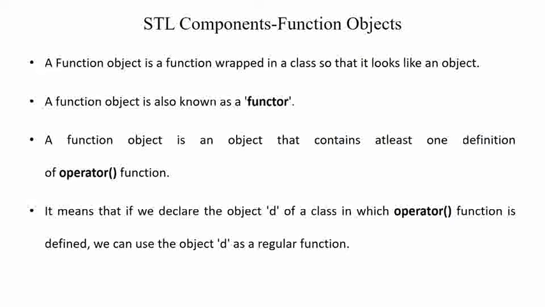For example, TY is a class and student is object. So like that, the function is wrapped in a class and that function is used as an object, that is called function object. A function object is an object that contains at least one definition of operator function.